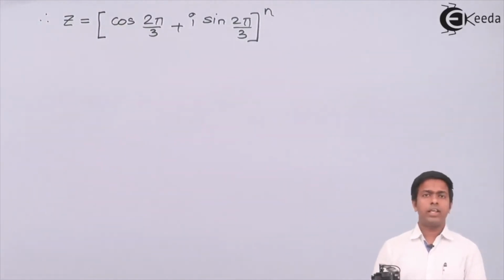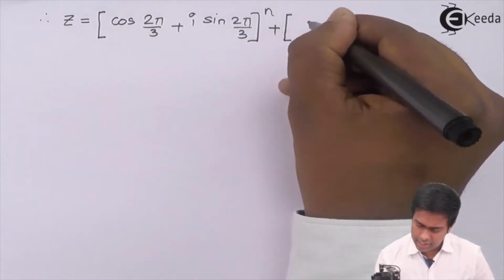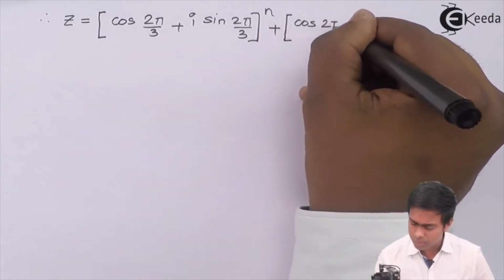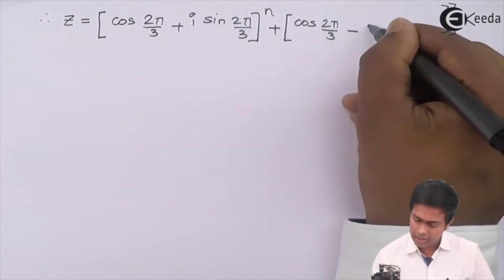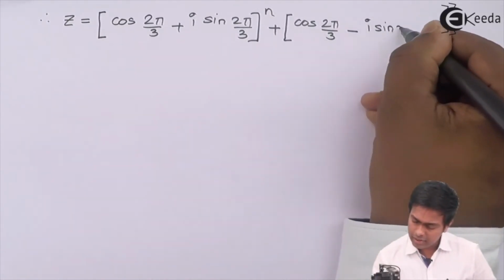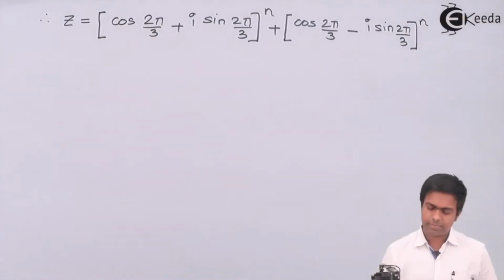Similarly, for the complex conjugate, which was the second number, we get plus the same cos 2 pi by 3, and here we take negative, so minus i sin 2 pi by 3, whole raised to n.